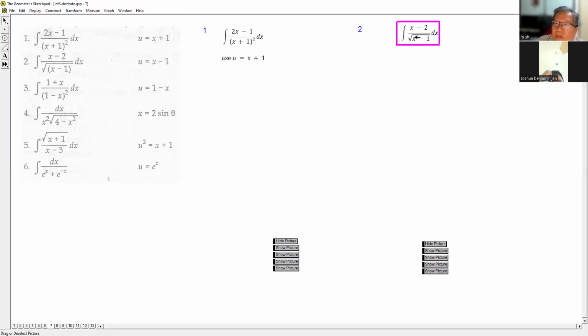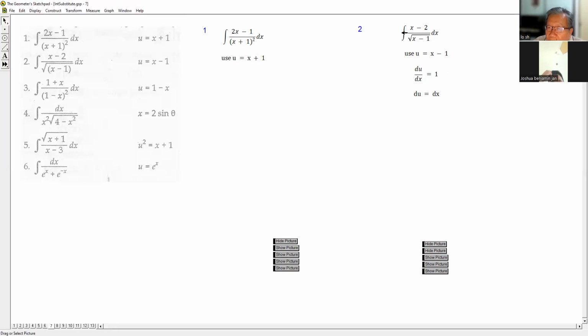The bottom inside the square root is x minus 1. So we use u equal to x minus 1. Du over dx equals 1. Du equals dx. Separate them.